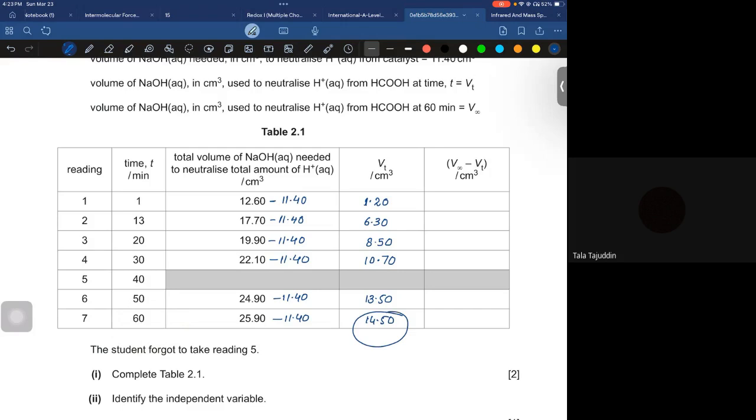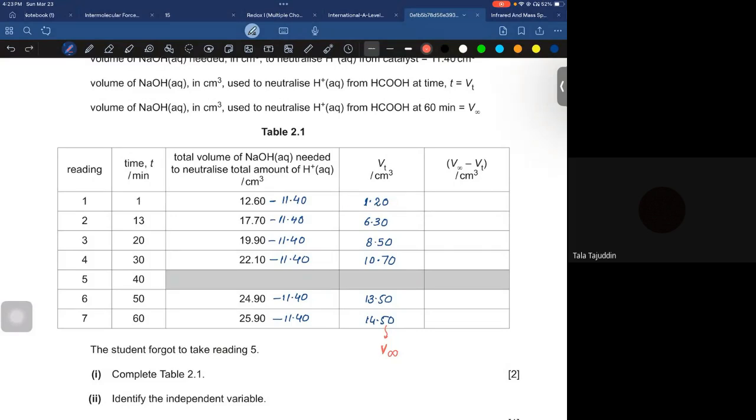That is 14.50. This is at time 60 minutes. This is called V infinity. Okay, makes sense? And this is 1.20.